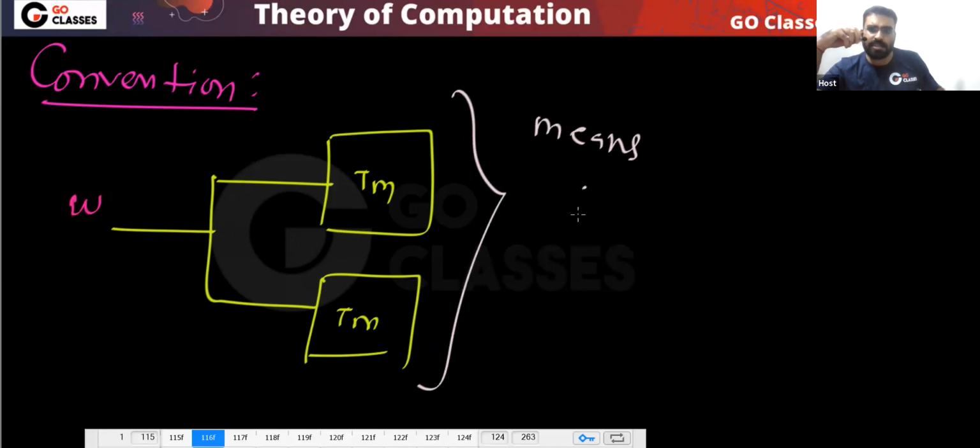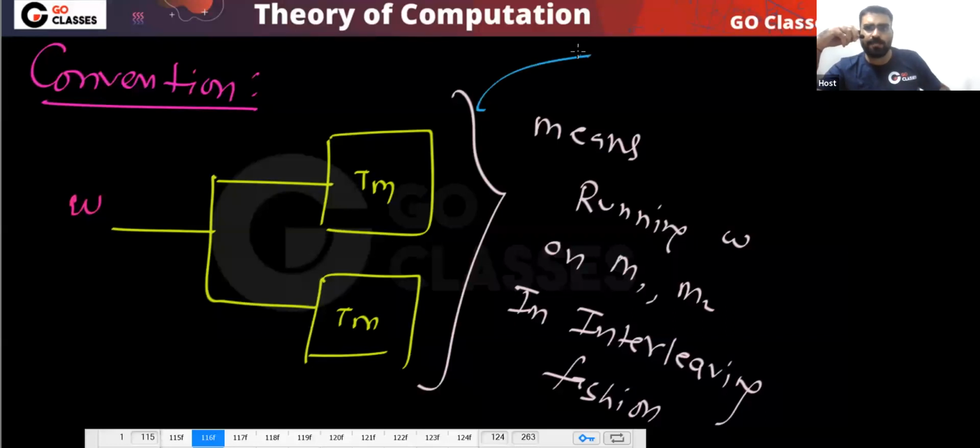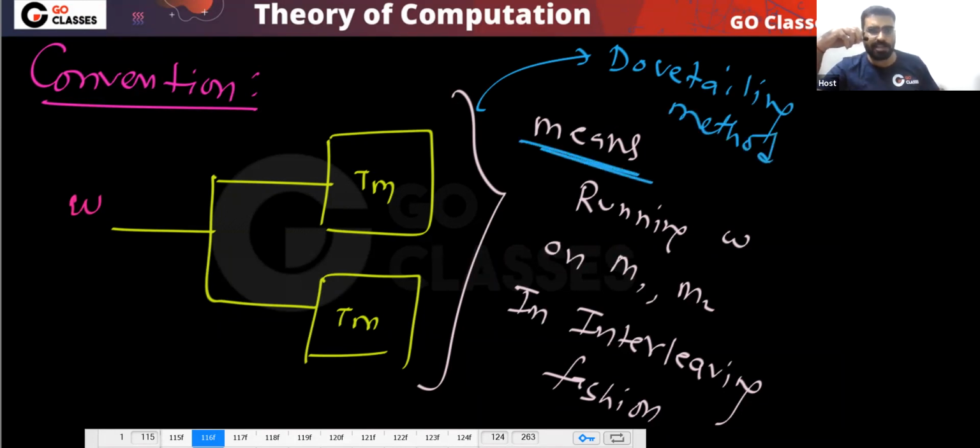It simply means I am running W on M1, M2 using dovetailing in interleaving fashion. It simply means the dovetailing method. Is that clear?